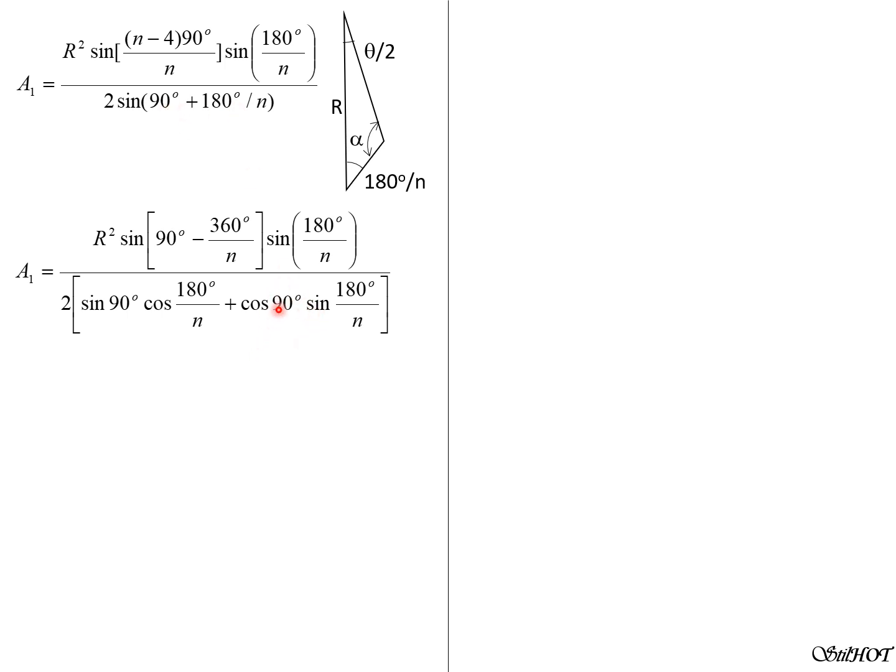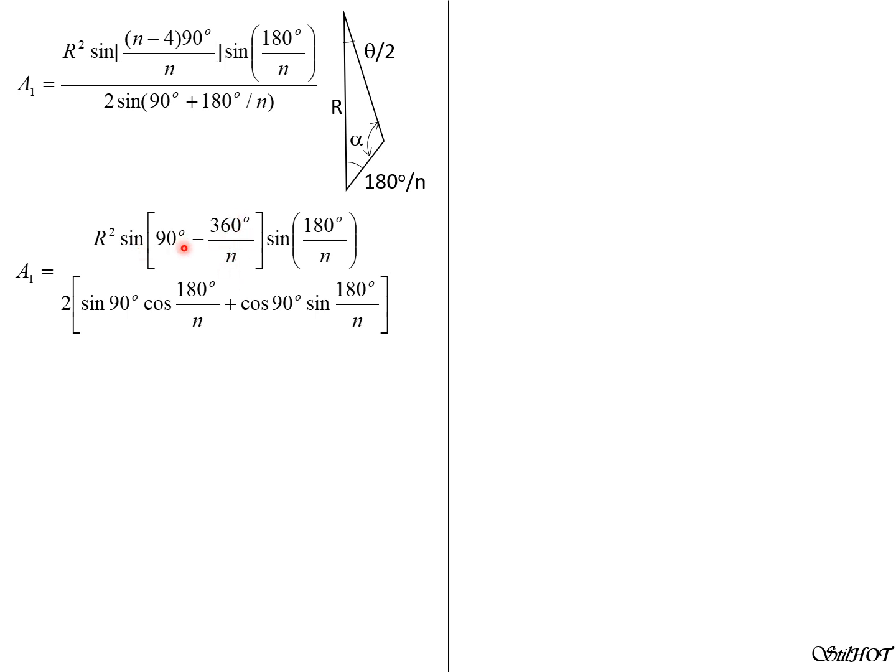Cosine 90 is 0, sine 90 is 1, and this is sine of the complement of 360 degrees over n. The complement of this angle is cosine. Sine of the complement of this angle is equal to cosine of this angle.